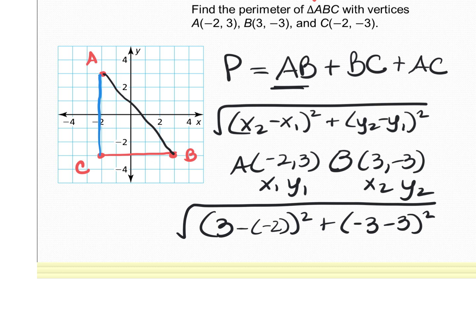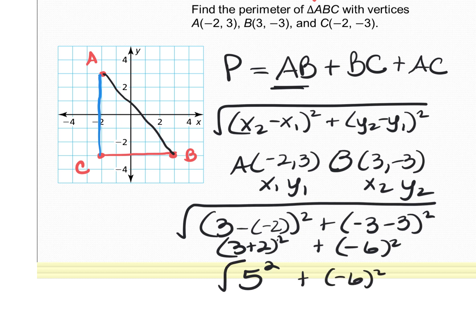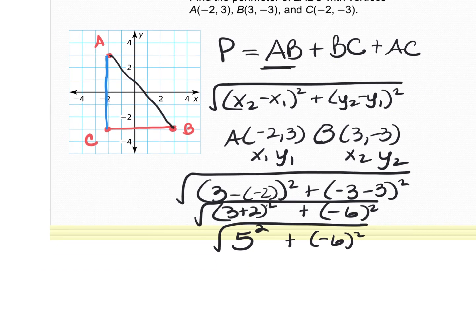I'm going to combine my terms here. This will turn into 3 plus 2, so 5 squared. This turns into -6, so -6 squared. All of these are still under square roots. Going to square the 5.